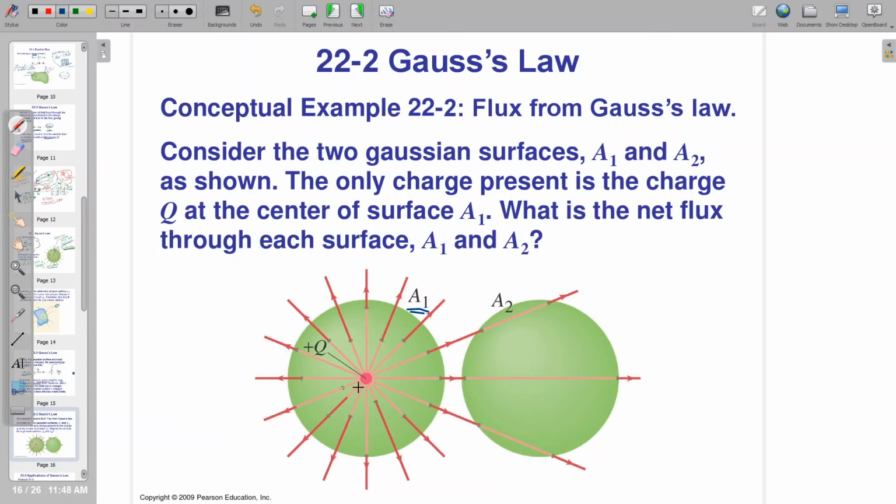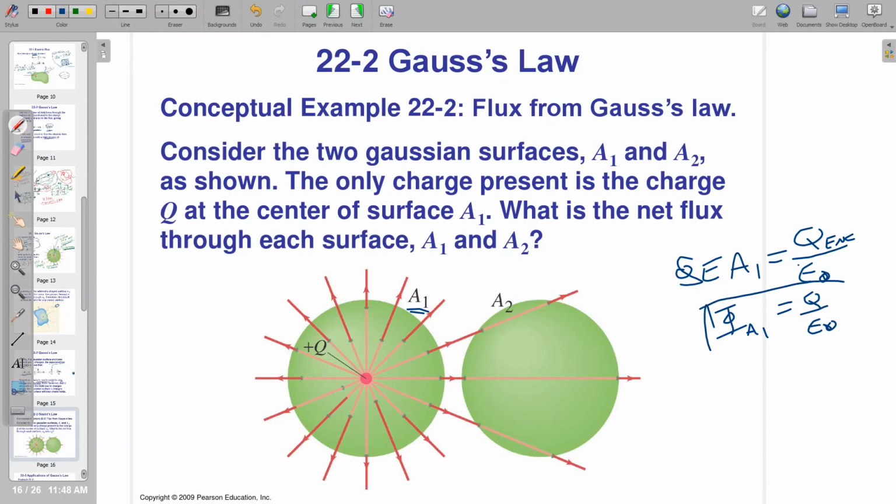Okay, I'm going to take it that you've done that. What's the net electric flux through surface A1? It's going to be Q enclosed over epsilon naught. For A1, Q enclosed is Q, so the net flux through A1 is Q over epsilon naught. Great.